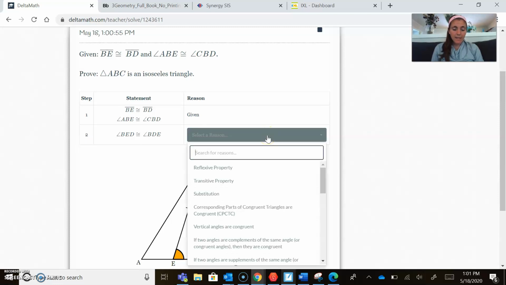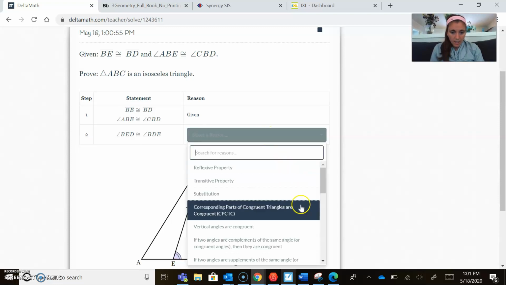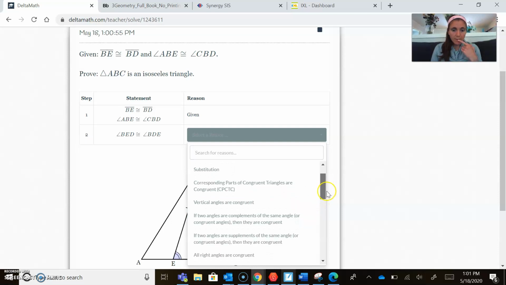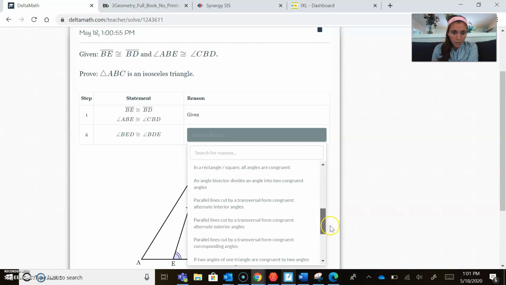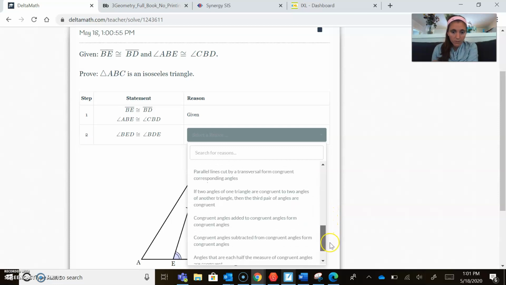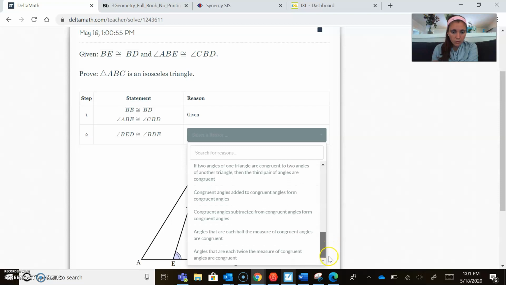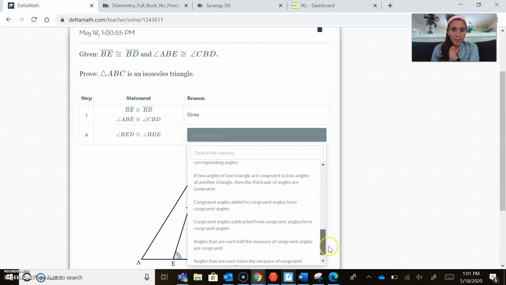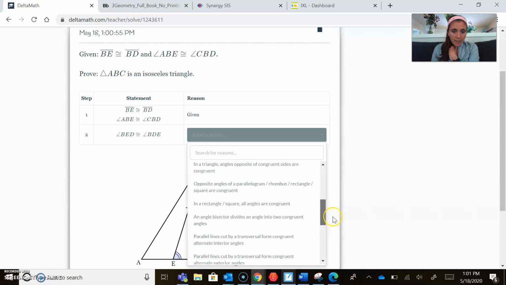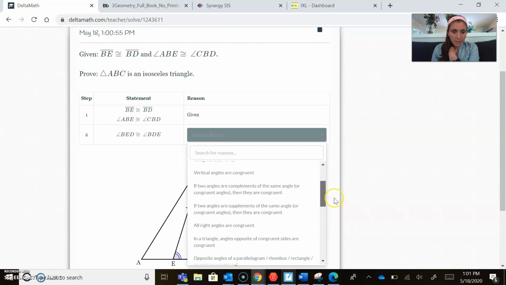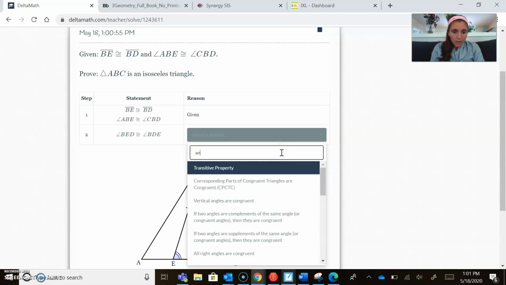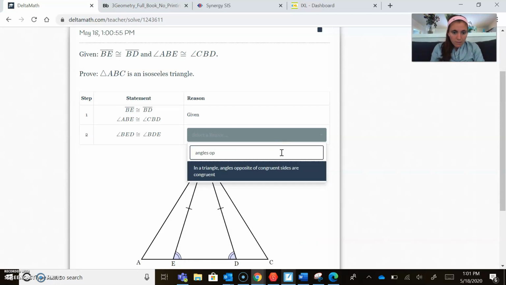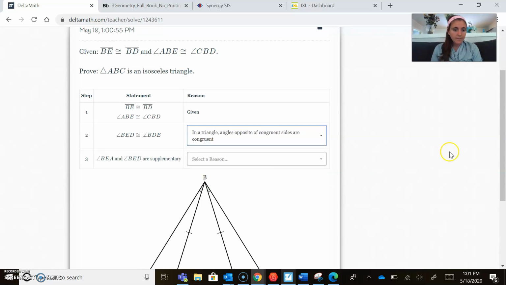Well, those are the base angles of an isosceles triangle. In a triangle, angles opposite of congruent sides are congruent.